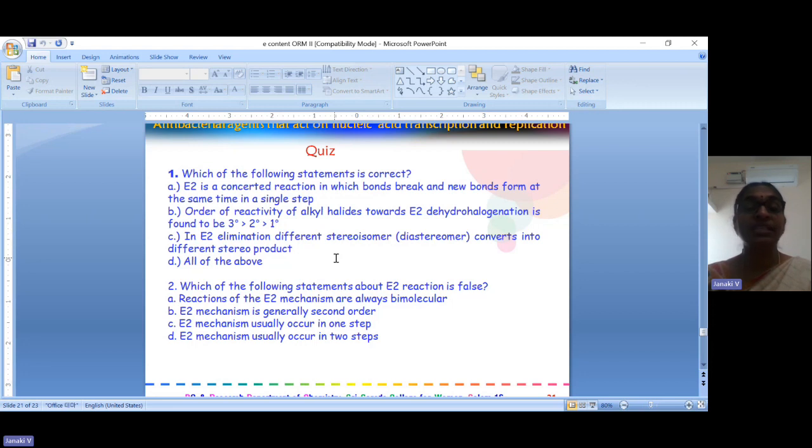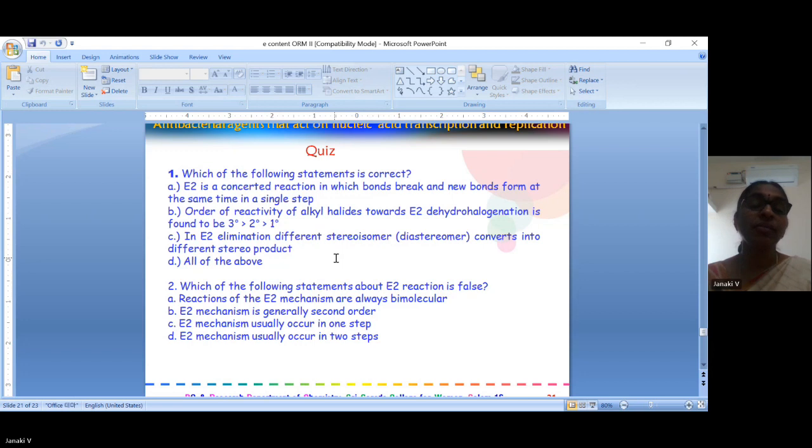Which of the following statements is correct? E2 reaction is a concerted reaction in which bond breaking and new bond formation are at the same time in a single step. And then the order of the reactivity follows 3 degree, 2 degree, and then 1 degree, that is tertiary, secondary, and primary. In the E2 elimination, the different stereoisomers are converted into different stereo products, and then all of the above.